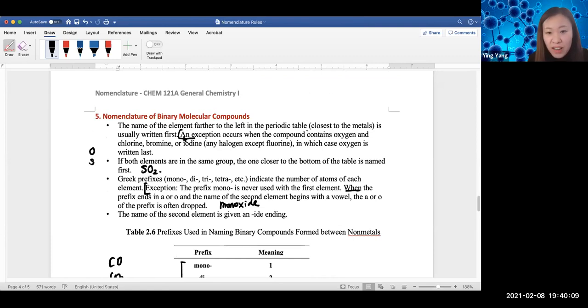There's one thing we didn't cover. An exception occurs when the compound contains oxygen and chlorine, bromine, or iodine, in which case oxygen is written last. For example, what would you call this compound based on this naming rule? You can write it down in the chat.